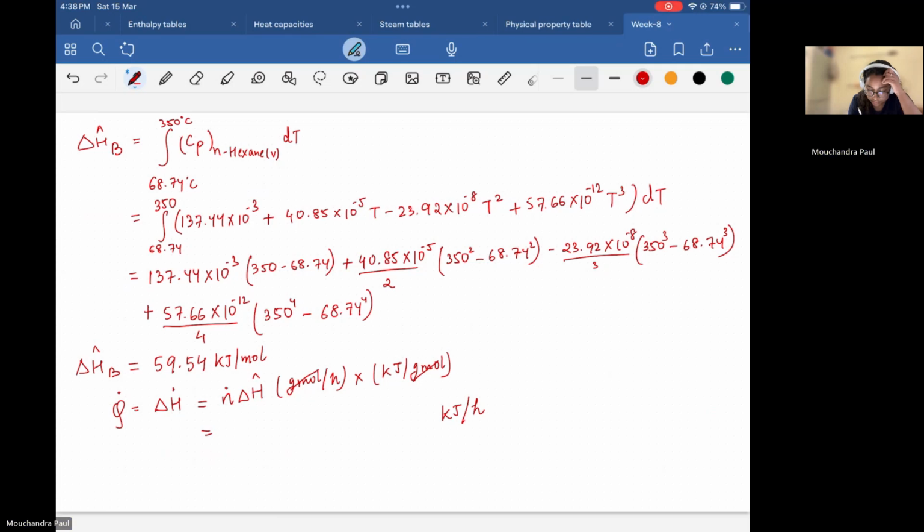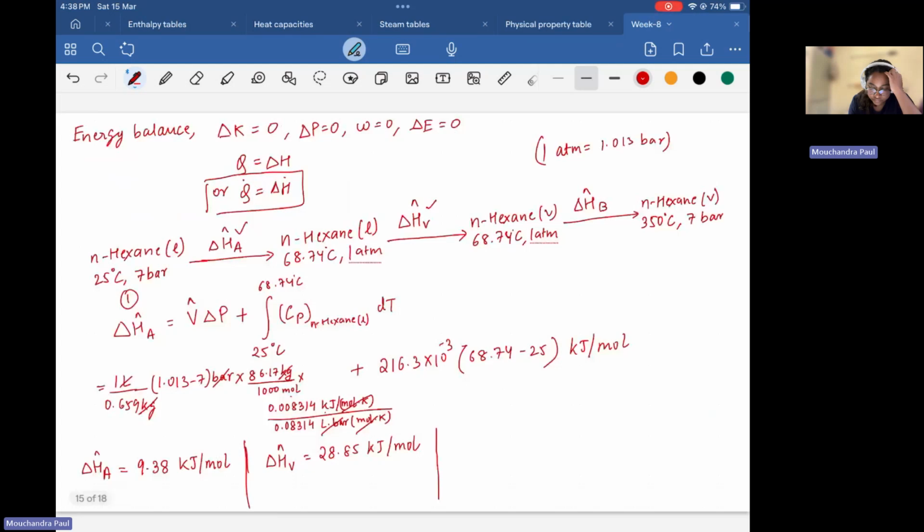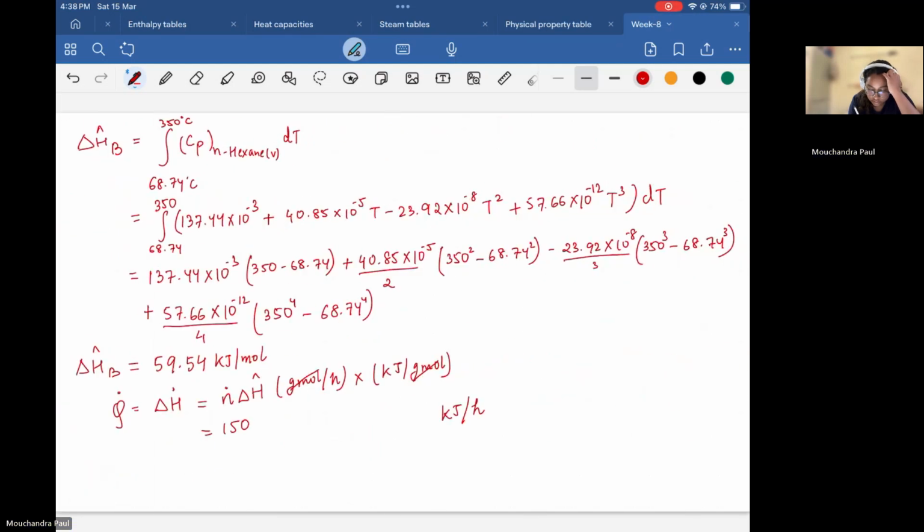So n dot is 150 mole per hour. Delta H hat is basically the summation of all the enthalpies that we calculated.